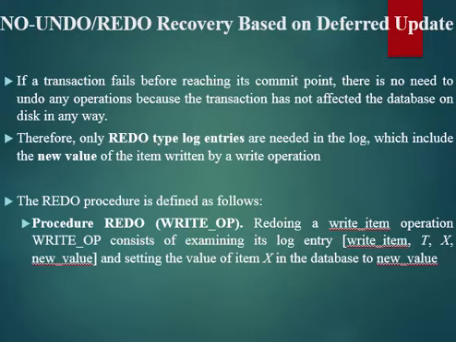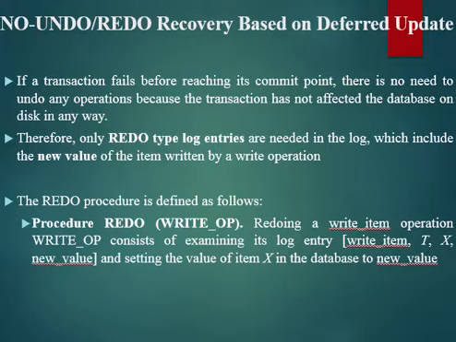The second case is that after the crash, after the restart, if the DBMS finds that a transaction already started in the system log and its commit action is already recorded in the system log, then we will do a redo operation.